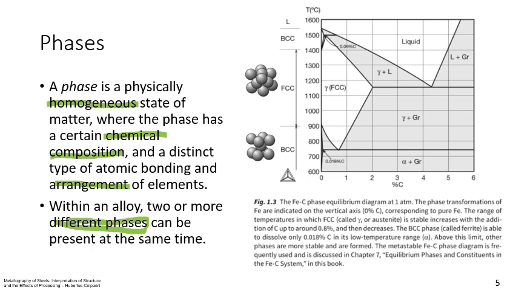The high temperature phase for iron and for most of our line pipe steels will be austenite. The austenite phase has a face-centered cubic microstructure, and the low temperature phase for pure iron is ferrite, and ferrite has a body-centered cubic crystal structure.